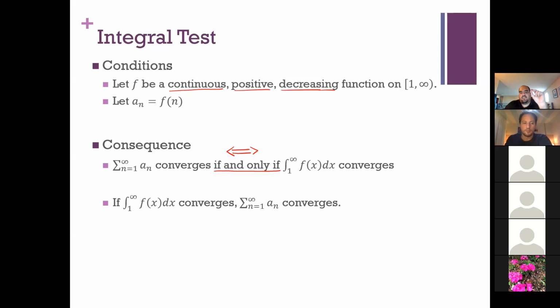So here's the beauty of this. If you look at the conditions of this test, nowhere in here am I messing around with that overestimate or underestimate. If you have a continuous, positive, decreasing function and a sequence that agrees with it on every integer value in the domain, then just set up the integral in the logical way and you're fine.